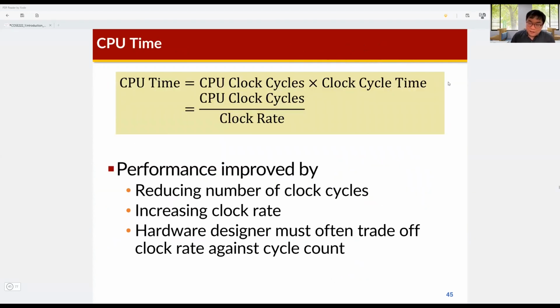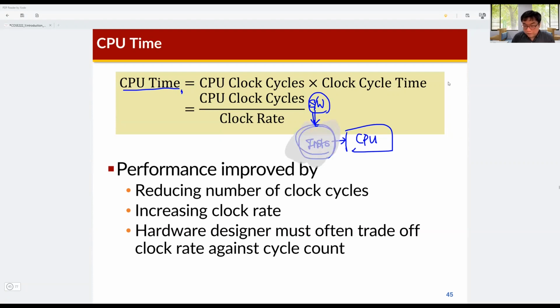Let's see how to measure CPU time. This is the CPU, and the CPU receives some instructions, but these instructions are generated from software, like an application.